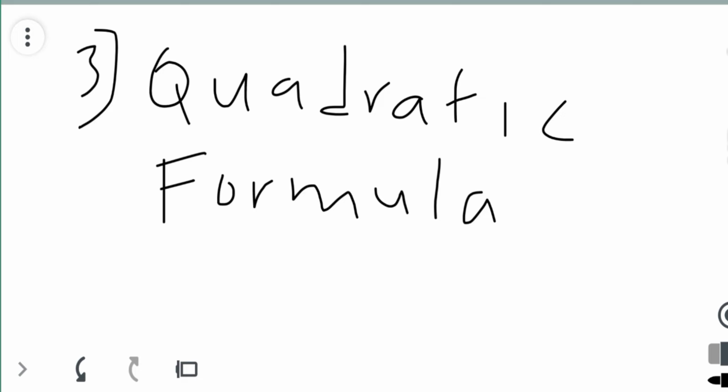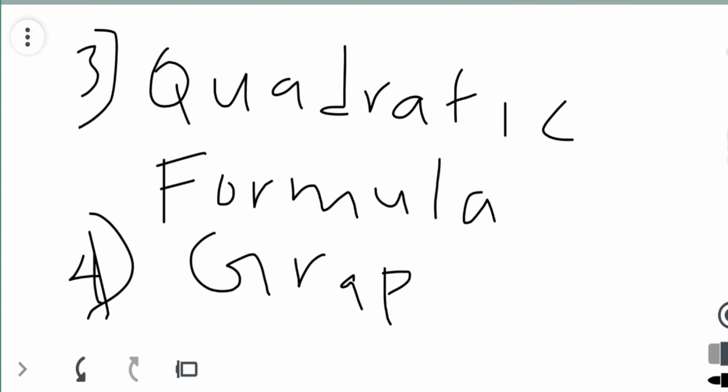The fourth method is the graphical method, which we can use to solve a quadratic equation. So we have the first one, factorization. The second one, completing the square. The third one, quadratic formula. And the fourth one, graphical method.